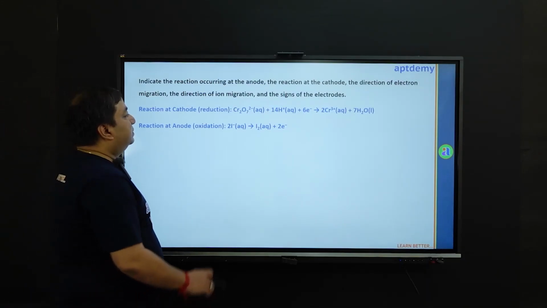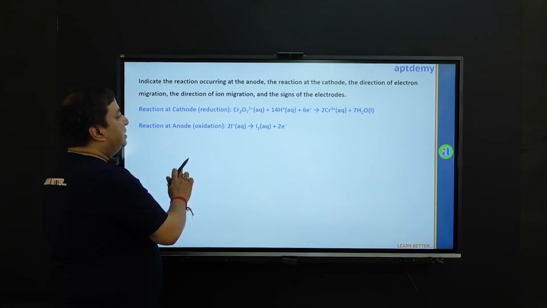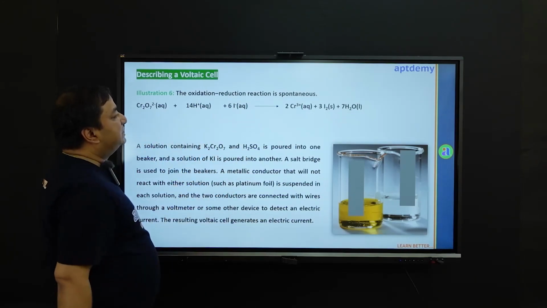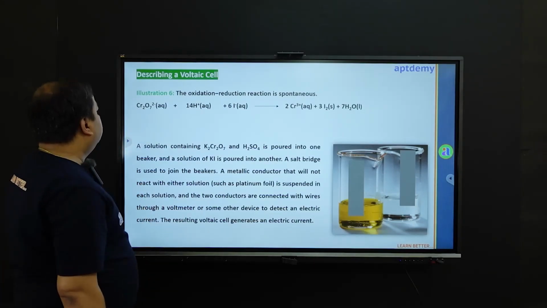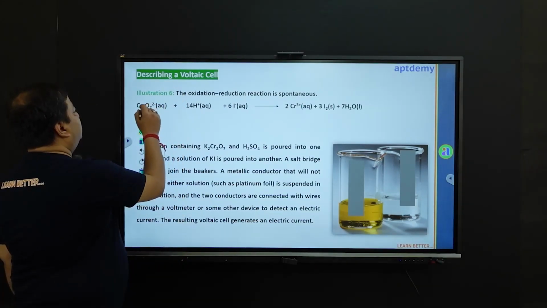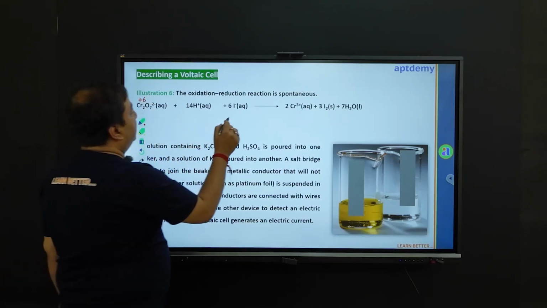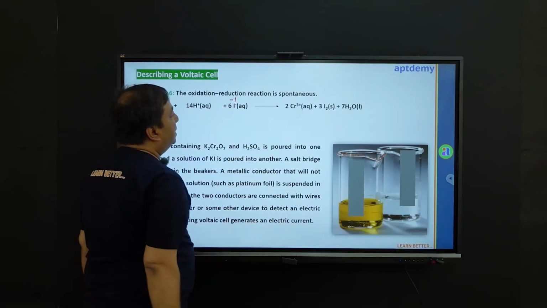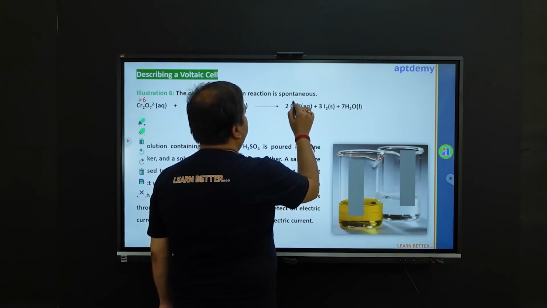Okay, so the reaction at the cathode and the reaction at the anode. If we go to the previous slide and look at this equation, we can see already that in potassium dichromate, the dichromate has chromium in the +6 oxidation state, whereas the oxidation state of iodide is -1, and chromium is going from +6 to +3.